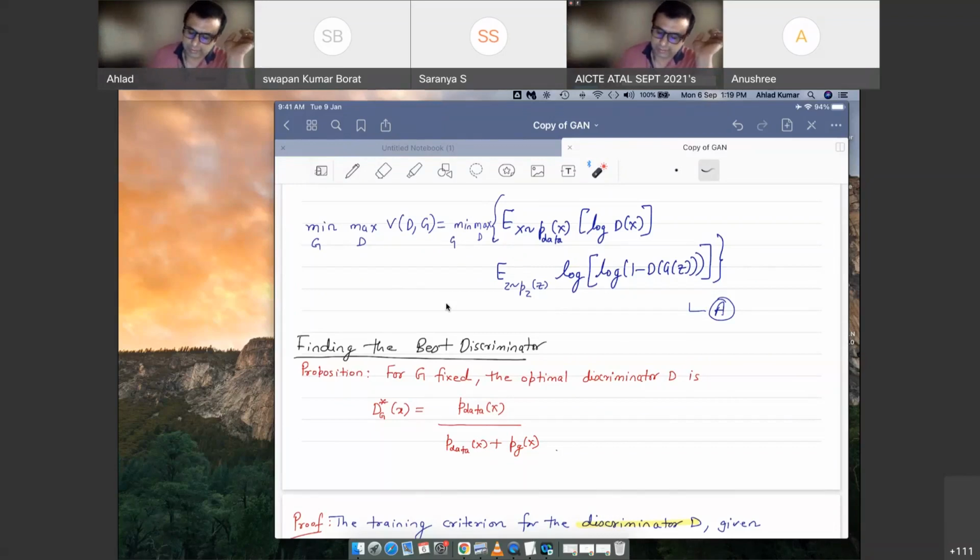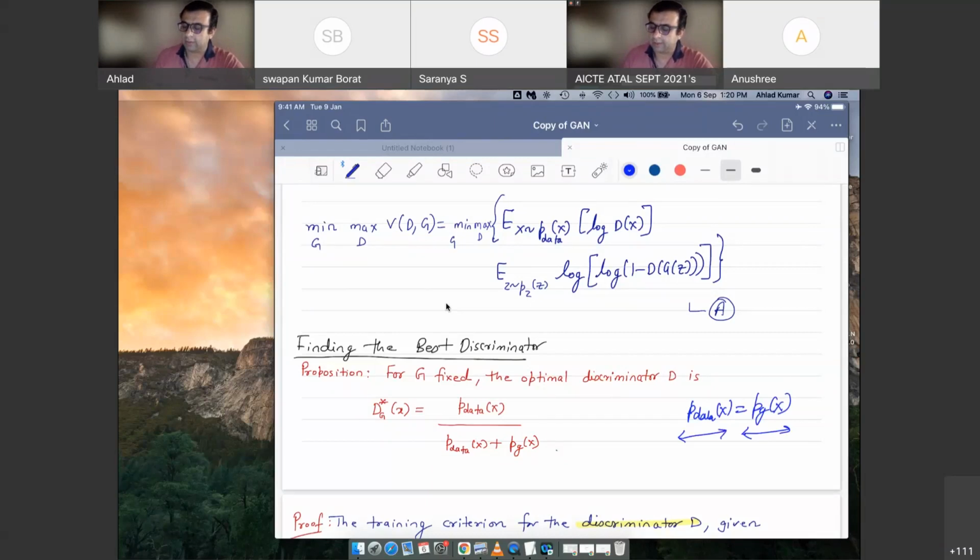So that optimal discriminator, which we represent by D G star, the star you can see over here, is obtained by this expression, which is P data of X upon P data of X plus PG of X. Our objective is that P data of X has to be equal to PG of X. As you all know, we want our generated probability distribution to be the same as the original probability distribution. So if you substitute this, then this value comes out to be 0.5.